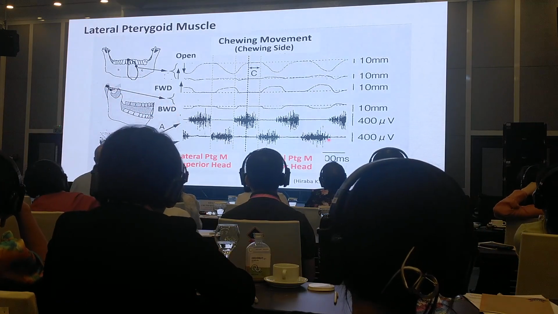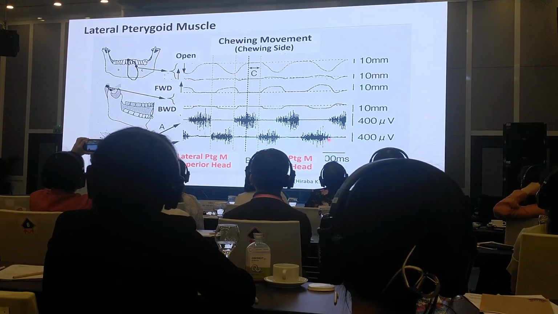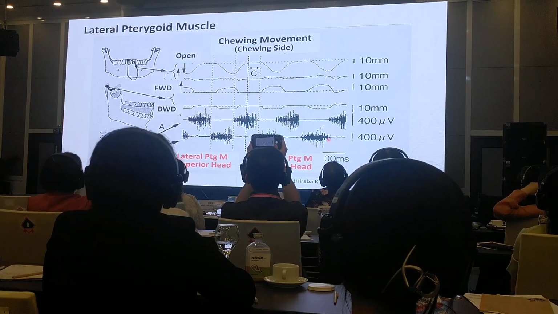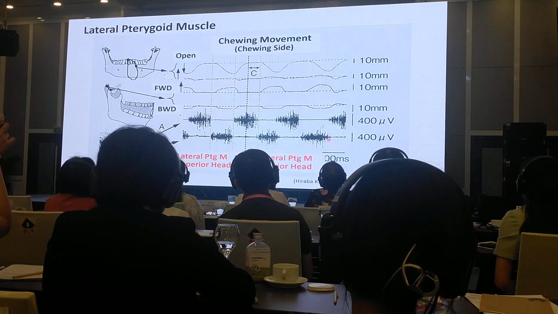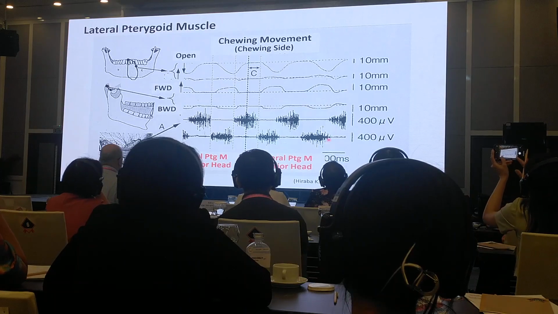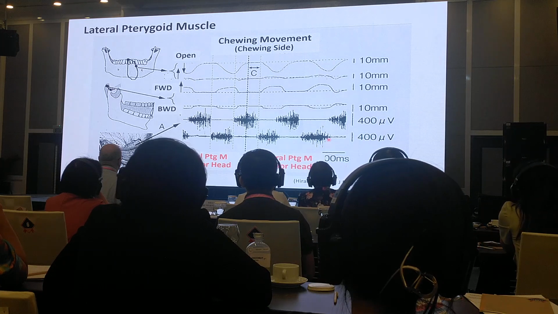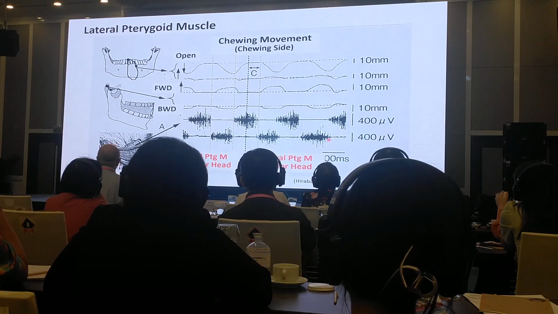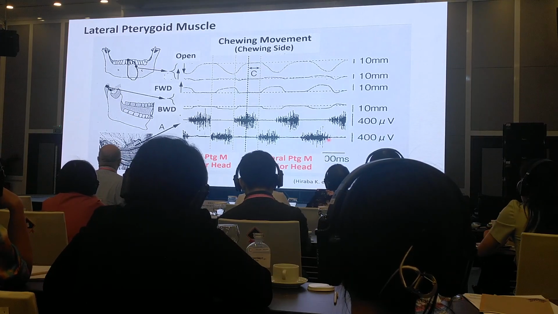This is by Japanese researchers, Iwata and this group, who published this paper in the Journal of Neurophysiology in 2000. See? They put an EMG needle electrode carefully here.